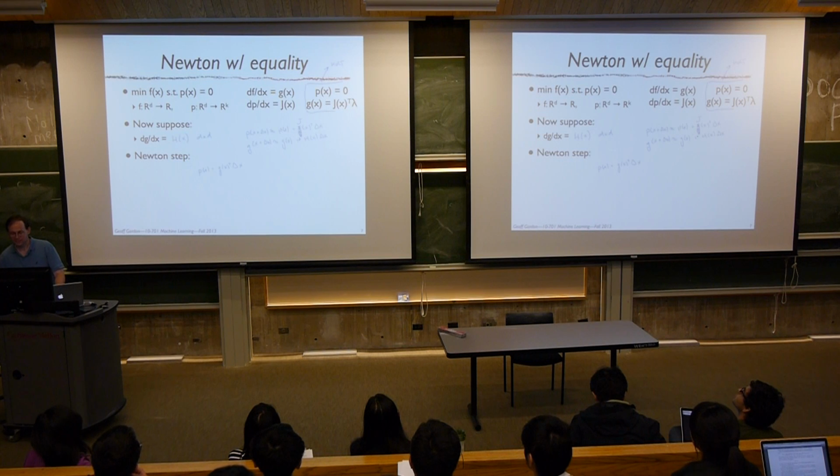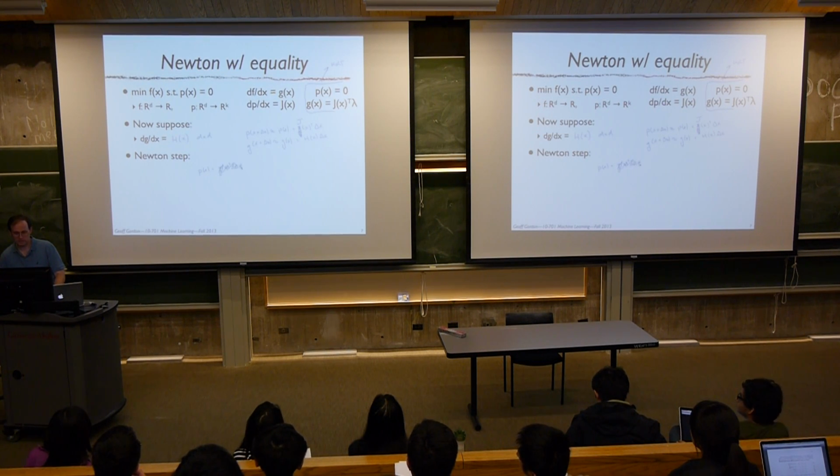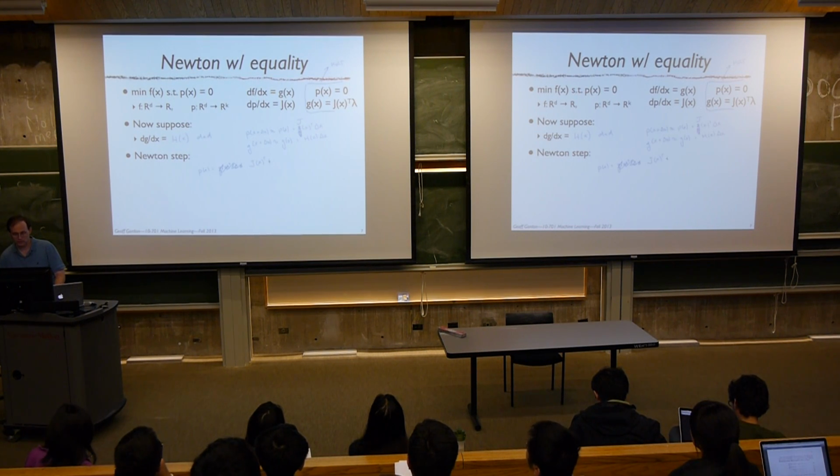I was just checking dimensions, that's how I noticed that. So p of x plus j of x transpose delta x, and that's supposed to equal 0, right? That's the first order approximation of the first KKT condition.